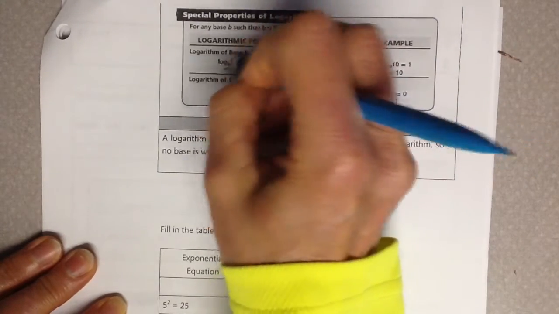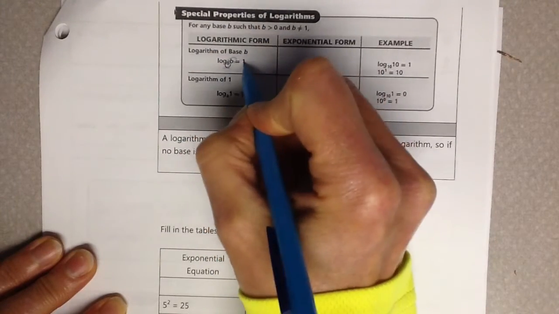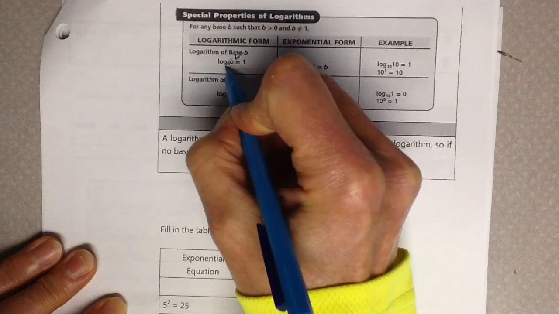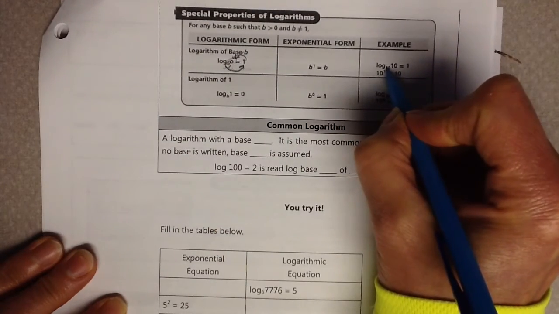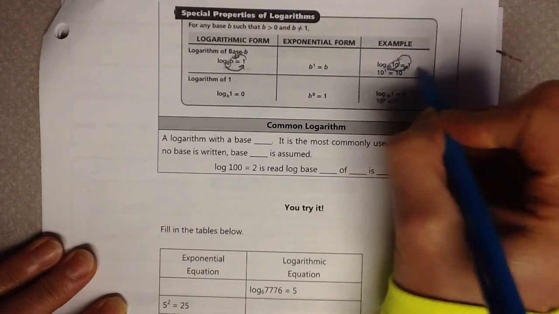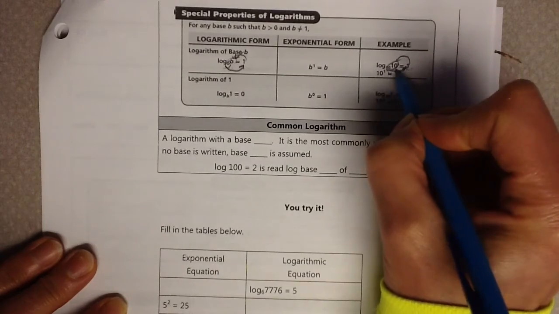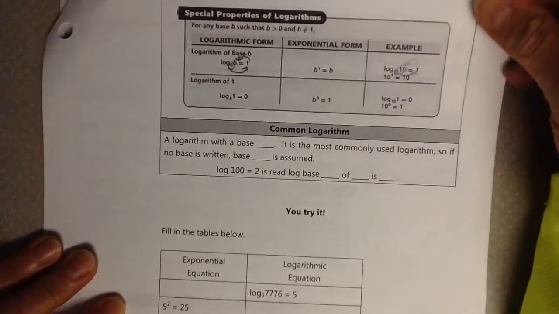You have a base. What power do you raise it to get the base back? So the base raised to the first power will give you the base back. Just like this, 10 to the first power gives you 10. So if these are identical, the exponent has to be 1 because you're saying what power do you raise 10 to get 10? That has to be 1.